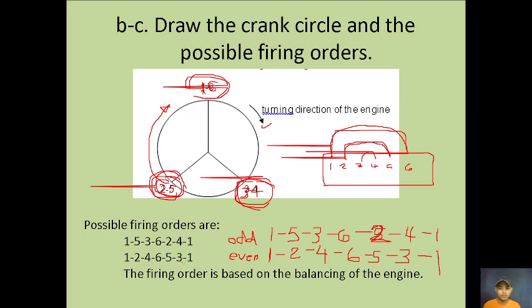Let's check: 1 2 4 6 5 3 1, that's correct. 1 5 3 6 2 4 1, that is correct. That's how we get our possible firing orders. But on a ship, of course, we will always check the manual for the firing order of the engine.